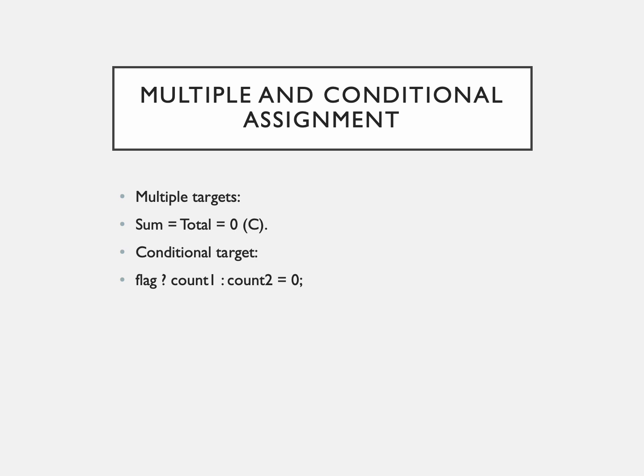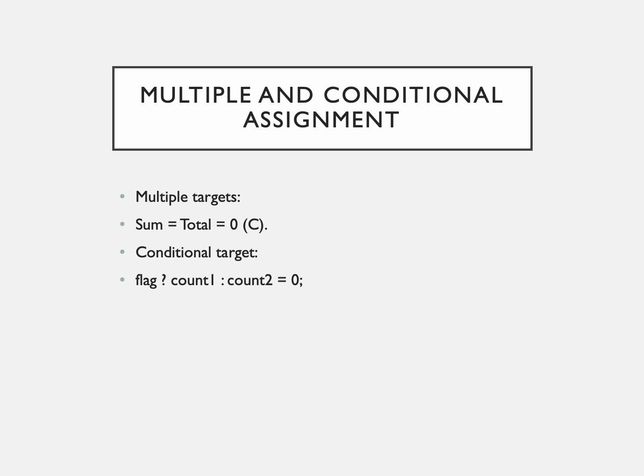Second, we have conditional assignment using the ternary operator. You can also assign values based on a condition using the ternary operator that we saw before, the question mark and colon. So we can have flag ? count1 : count2 equal to 0. You can also write it like that.